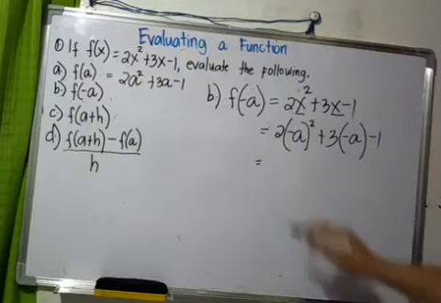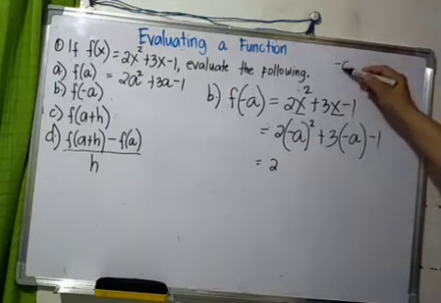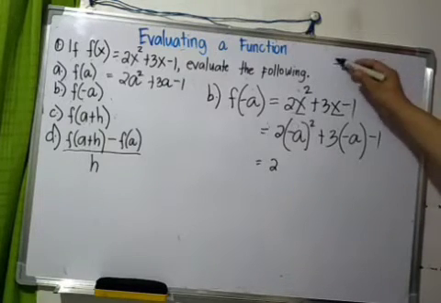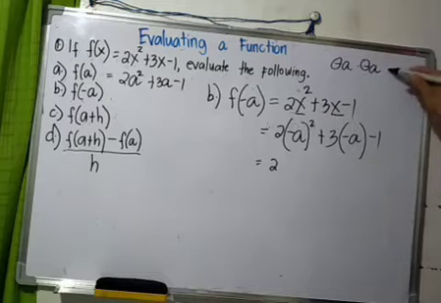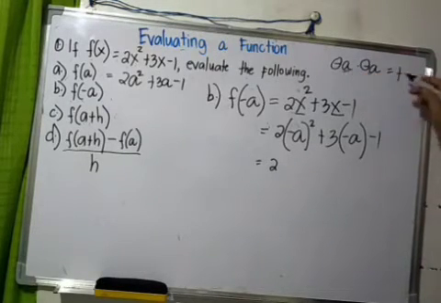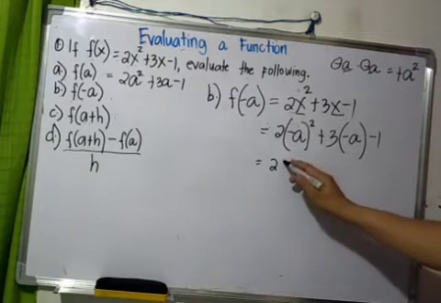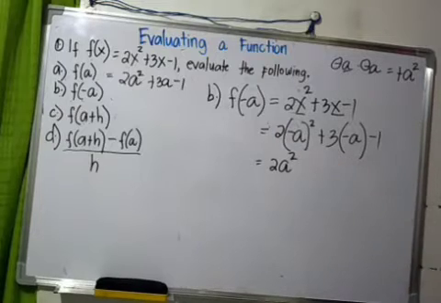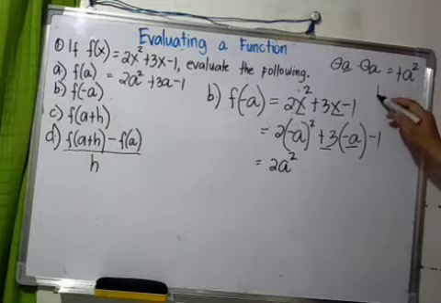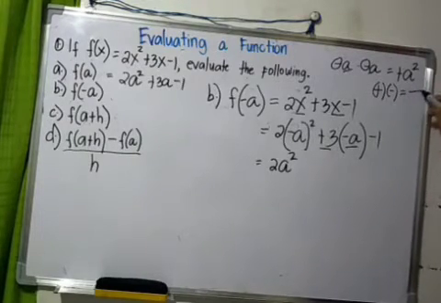Next, simplify. Negative a times negative a. So, meaning negative times negative magiging positive. So, positive a times a, that is a squared. So, magiging 2a squared. This one, positive 3 times negative a, positive times negative equals negative.